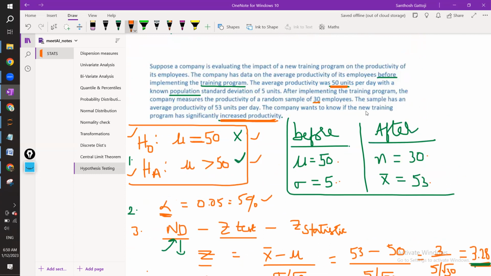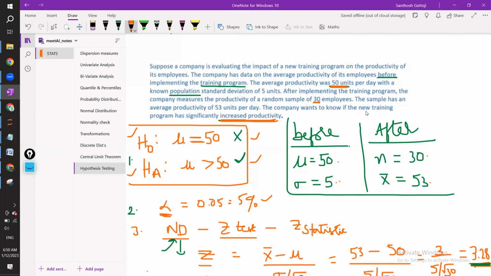First of all, the company is asking us, "Please do this test and let me know if the training has increased the productivity or not." Clear? That is the requirement from the company. Now, I don't know whether the training actually helped the employees or not.